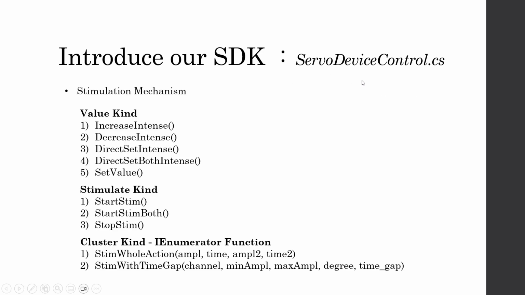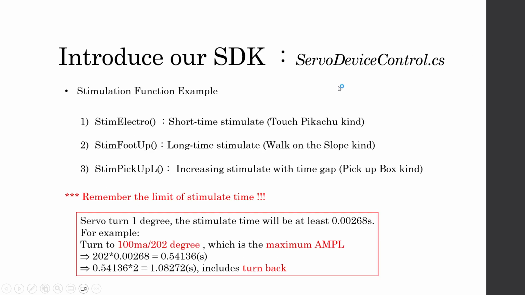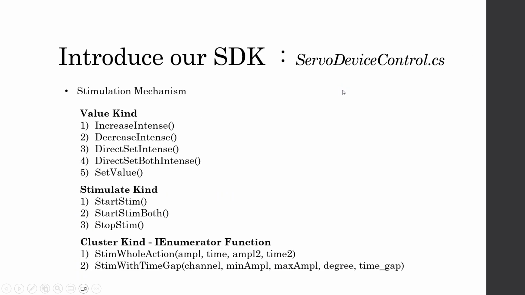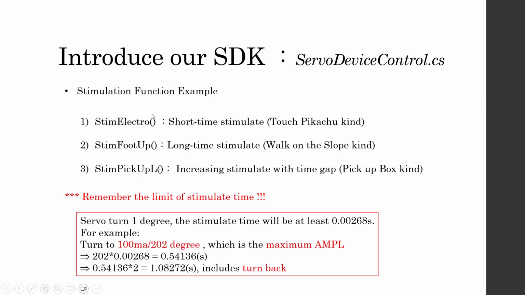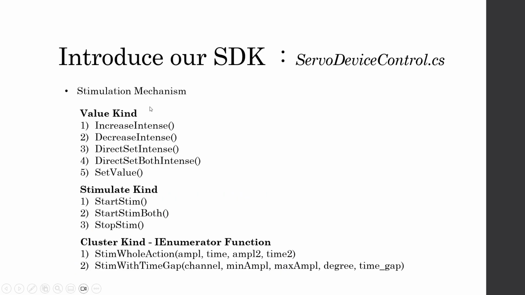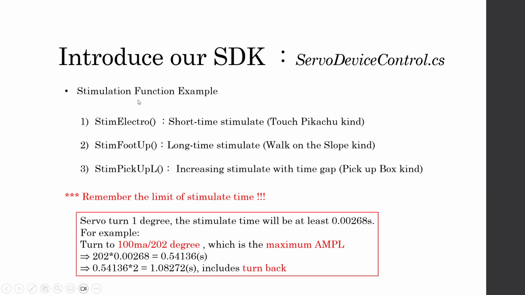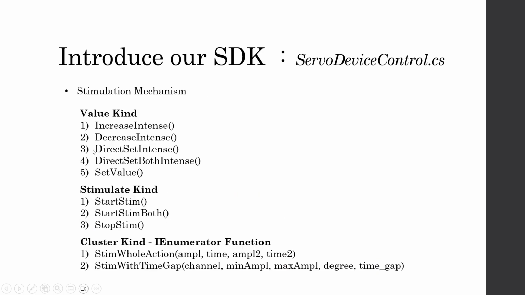So the most important script in our SDK is this servo device control C# file, and there are two parts to this SDK. One part is the stimulation mechanism, and the second part is the stimulation example functions.